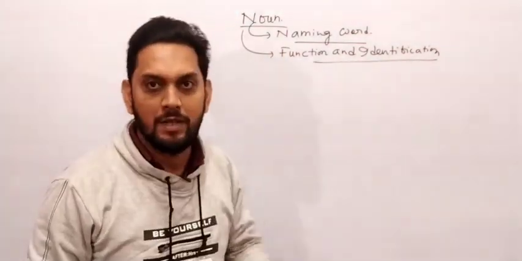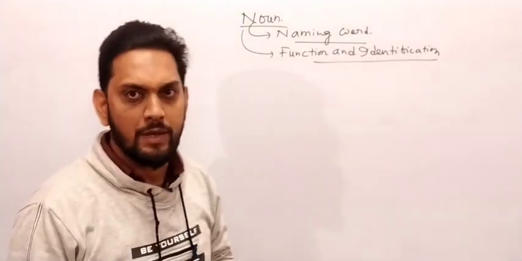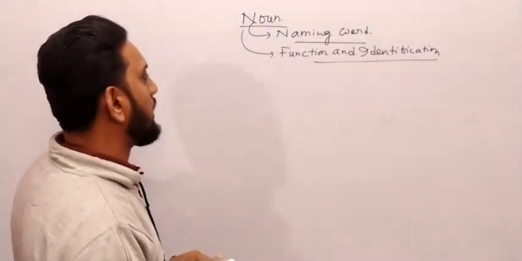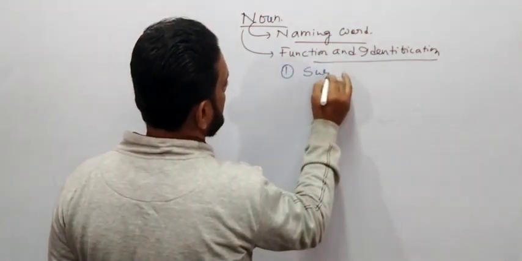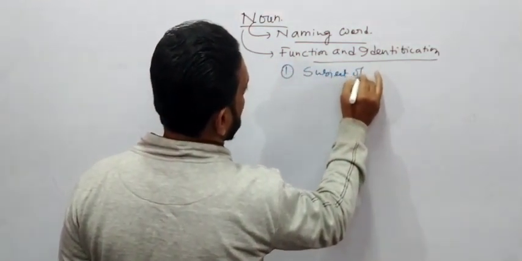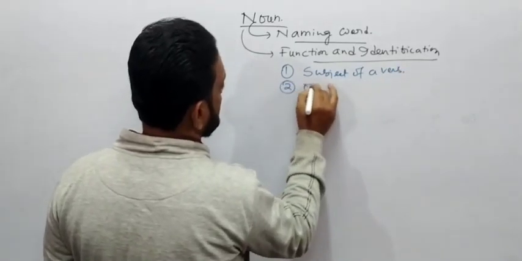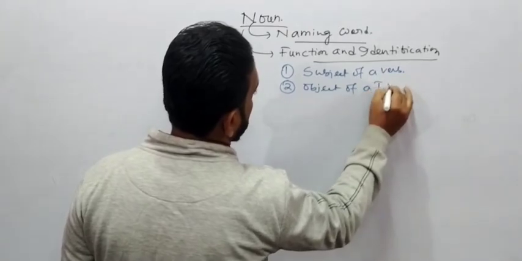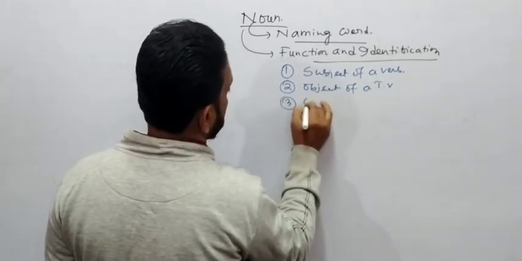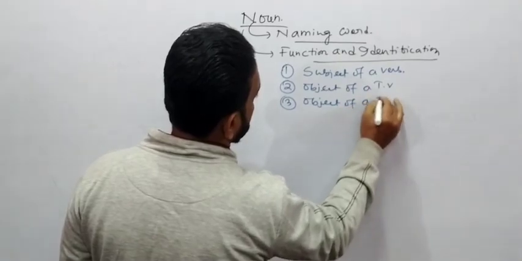Now how many functions are there? Yeah, there are 5 functions of a noun, and the functions were written last day. Today I need to write them. First one is subject of a verb. Second one is object of a transitive verb. Third one is object of a preposition.